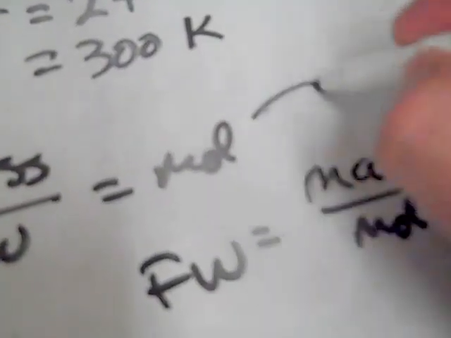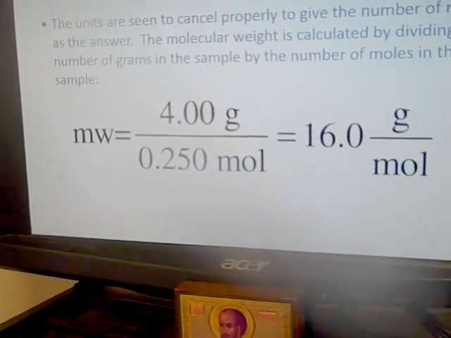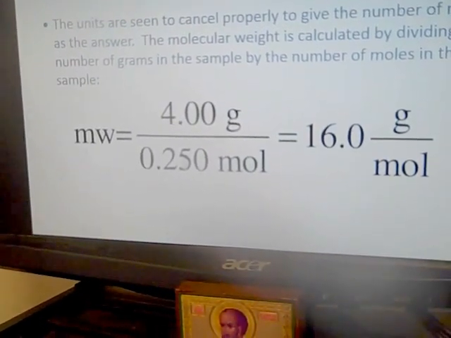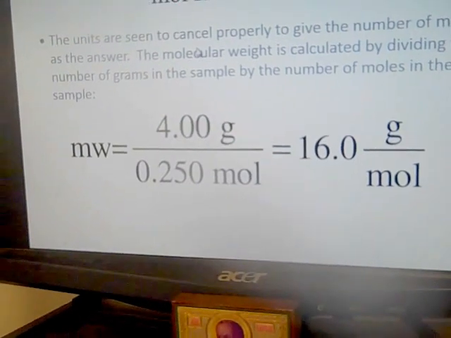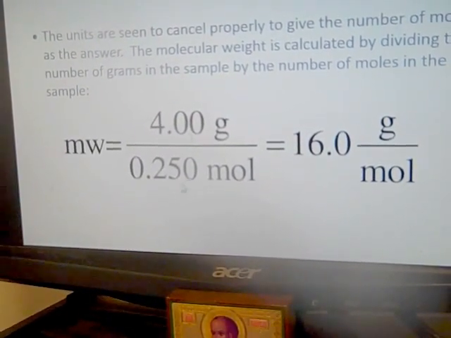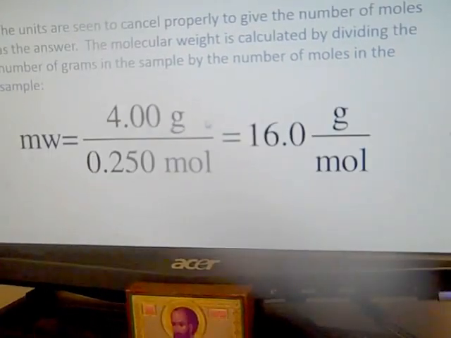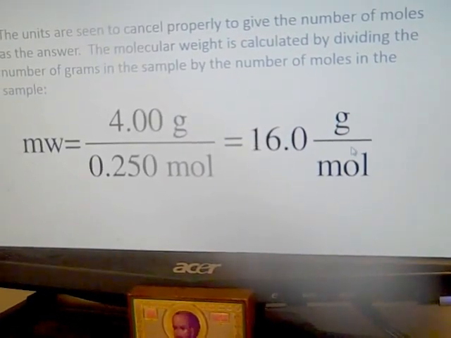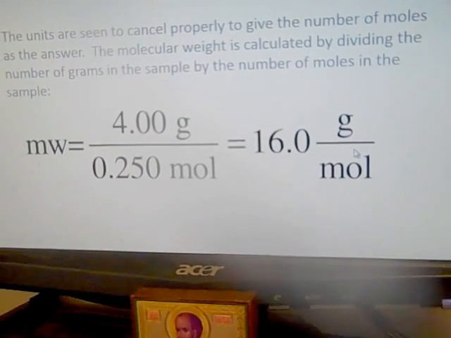That's just an algebraic rearrangement of the top equation to this equation right here. So as part of our solution, this number is the mass that's given in the question, and we have 0.250 moles of it. If we do this arithmetic, we get 16 grams per mole. So that's the molecular weight of the gas.